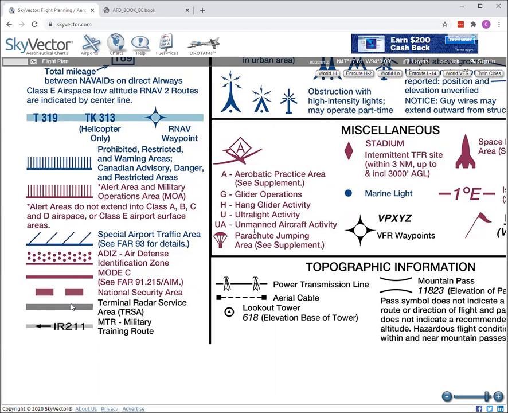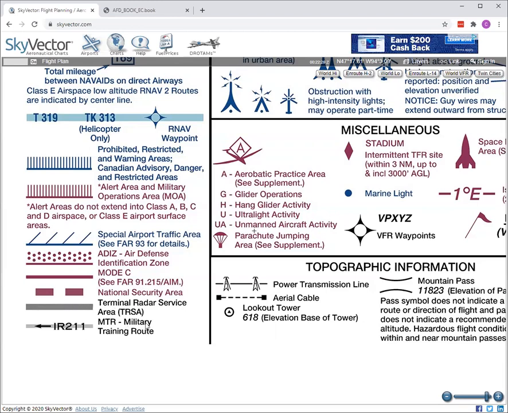So at Class D airports where they have an operating radar station, you'll have a TRSA. And again, it's an option to opt into using that TRSA. If you opt into it, you will basically use the airport like a Class C airport. If you choose not to, then it's just a Class D airport. It's just a way to get some extra services and to provide more separation from other traffic if you're using that airport.